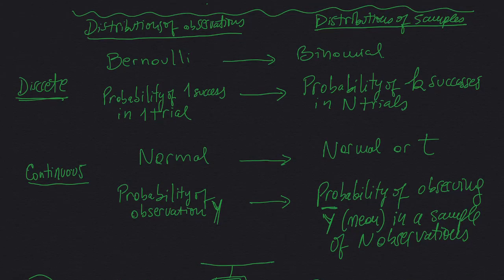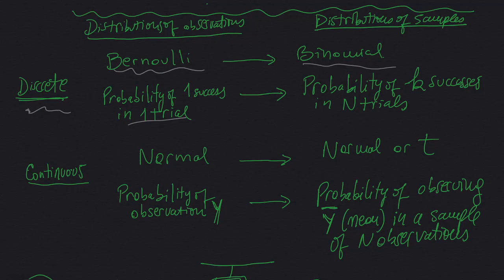I'd like to direct your attention to different types of distributions. So remember that in terms of discrete distributions, we saw the Bernoulli distribution, and the Bernoulli distribution gives us the probability of one success in one trial. If we expand to more than one trial, then the binomial distribution is in a sense a summary of Bernoulli distributions.